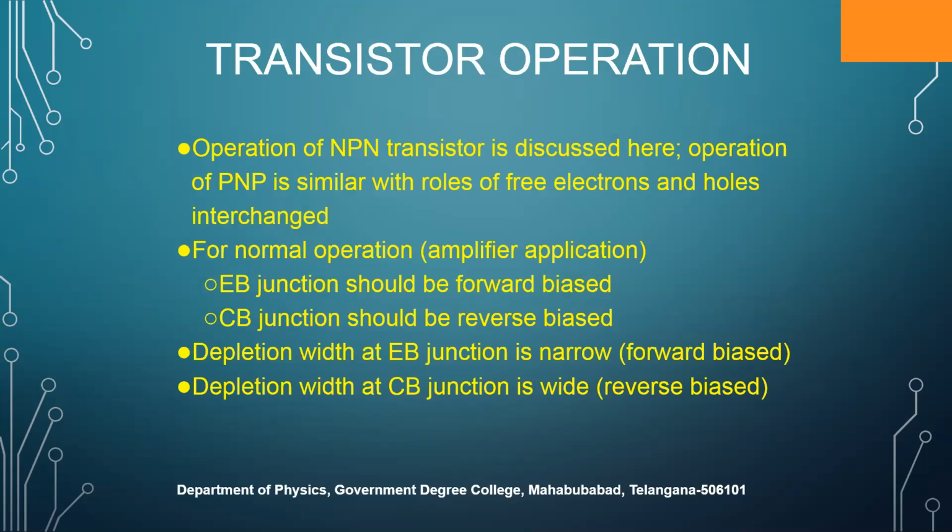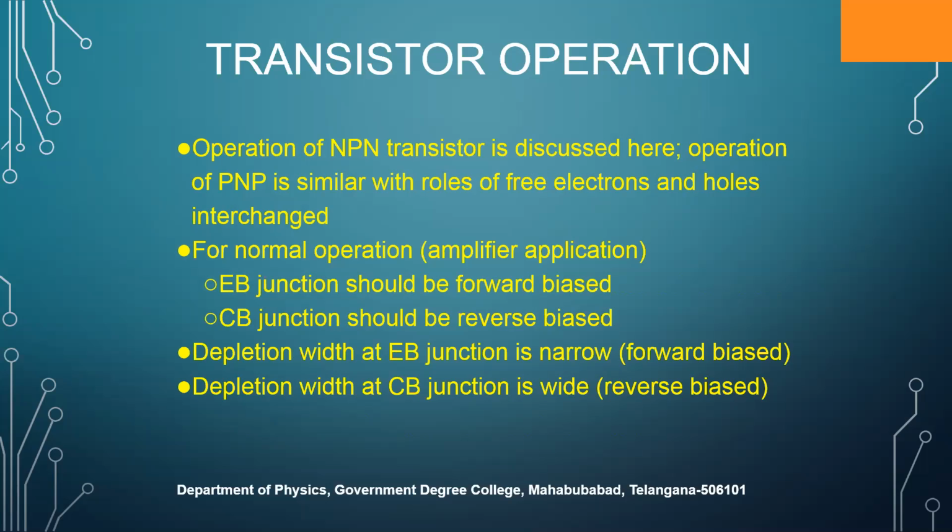Next, let us come to the operation of the transistor. Operation of the NPN transistor is discussed here in the next diagram. Operation of the PNP is similar, with the roles of free electrons and holes interchanged. There won't be any big change. Just remember the operation of NPN and PNP transistors will be almost the same, but the roles of electrons and holes will be interchanged. For normal operation, as we have discussed, the emitter-base junction should be forward biased and the collector-base junction should be reverse biased.